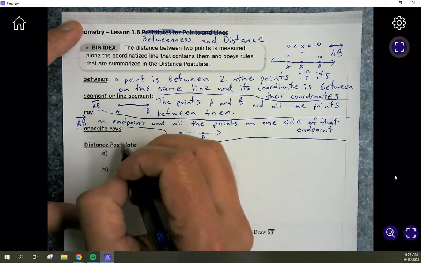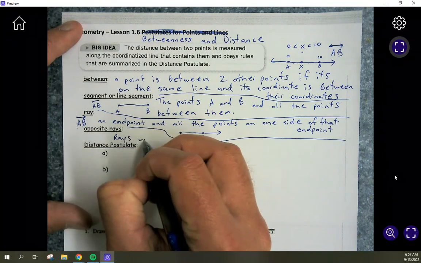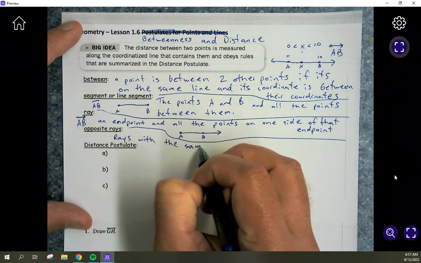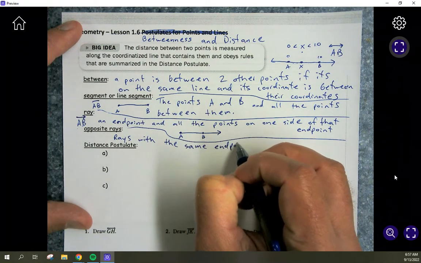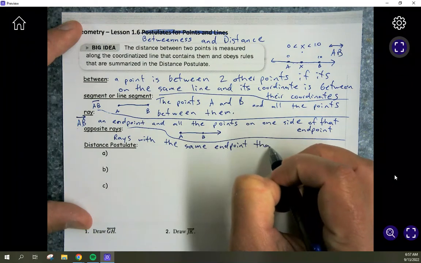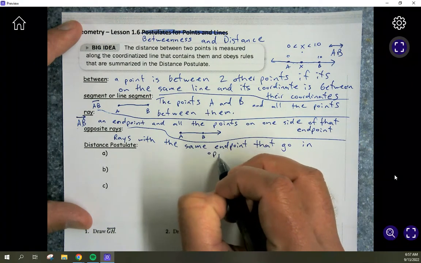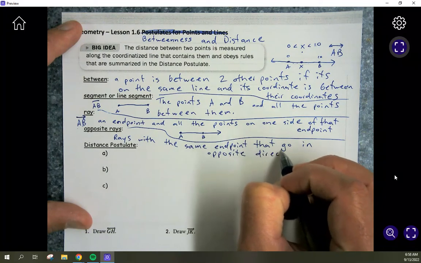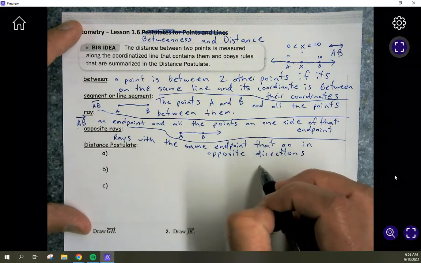All right, now opposite rays. Those are rays with the same endpoint that go in opposite directions. Okay, so same endpoint.